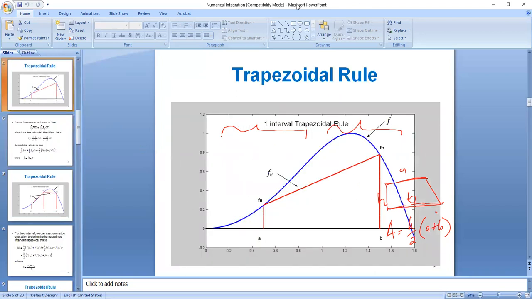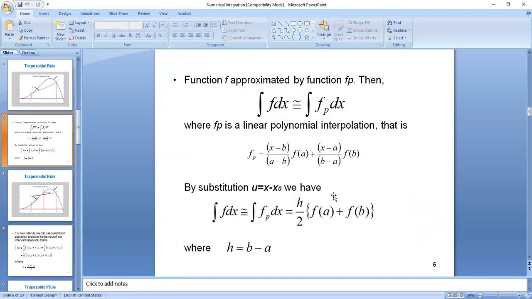Let me just clear the markings. Just like this, you have f of a plus f of b times h divided by 2, where h is equal to b minus a.